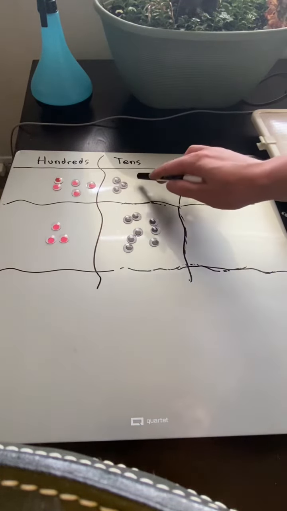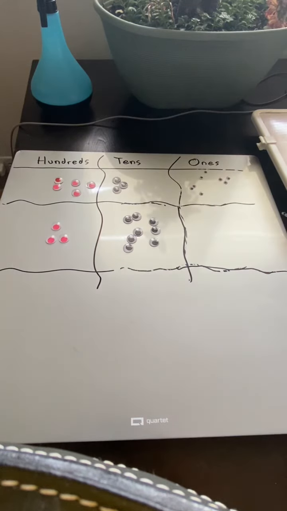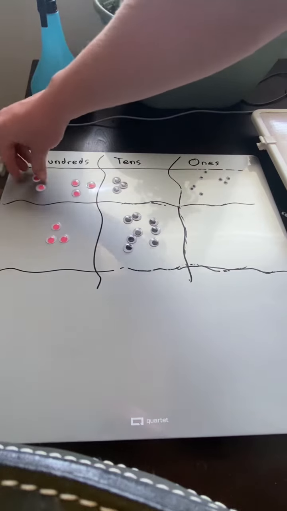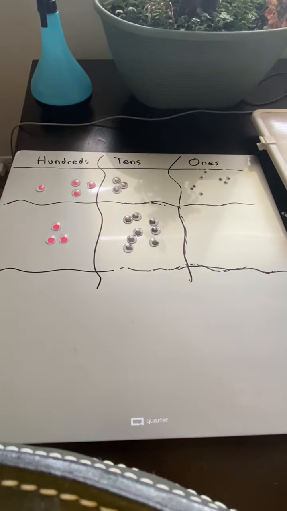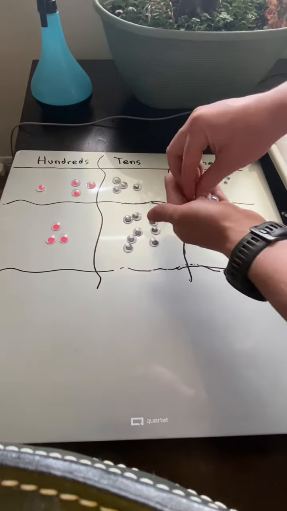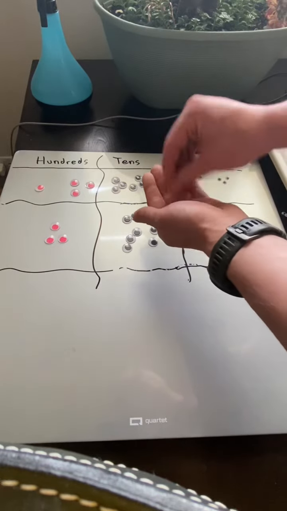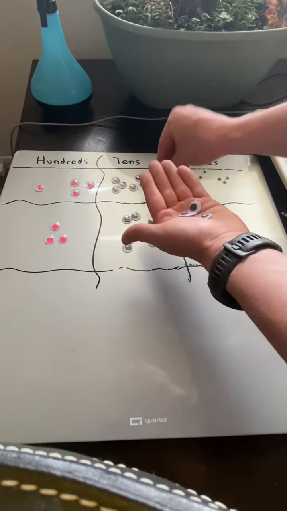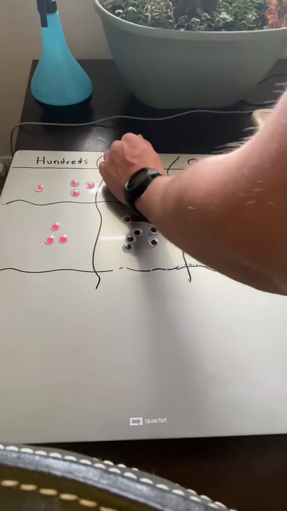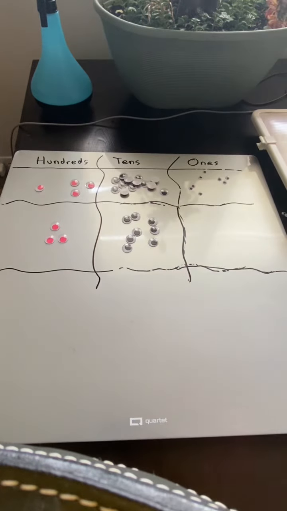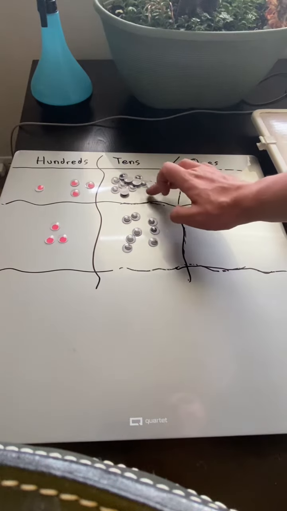Next up, we have our tens, 3 tens minus 8 tens. We can't do that. We're going to have to do another trade-in. So 100 is worth 10 tens. We're going to have to do some more subtraction.